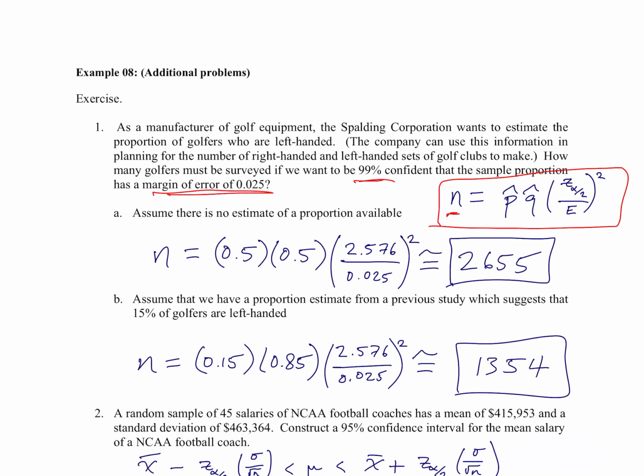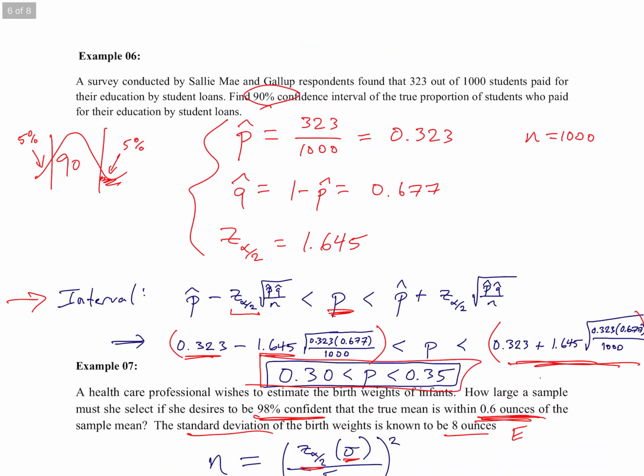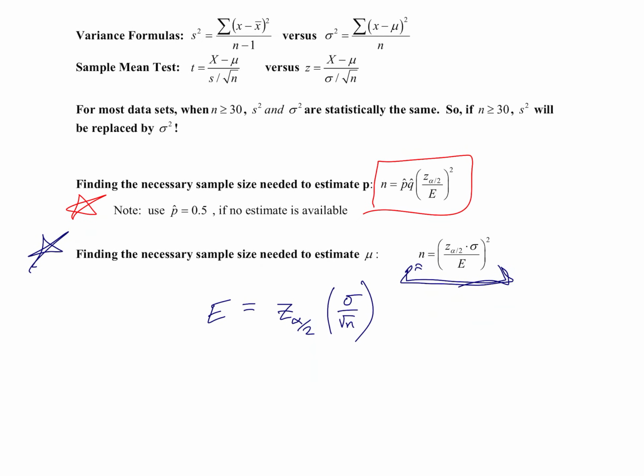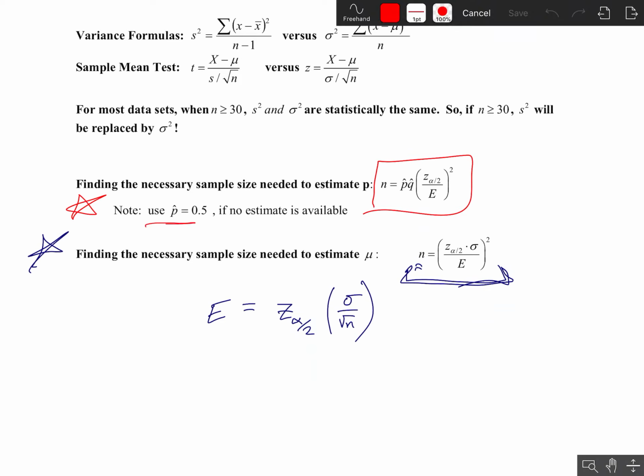Okay, so for this one, I will scroll back up to the formula that's relevant here, just so that I can point something out. In this formula, there is a little note that says use a p hat value of 0.5.